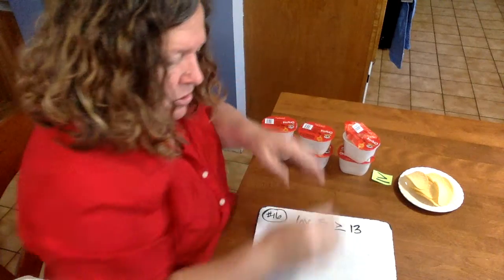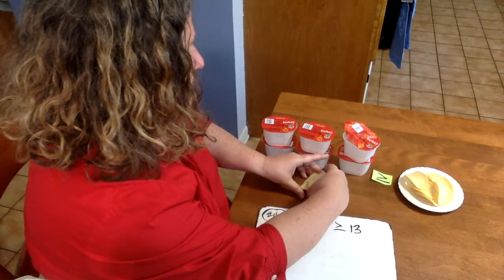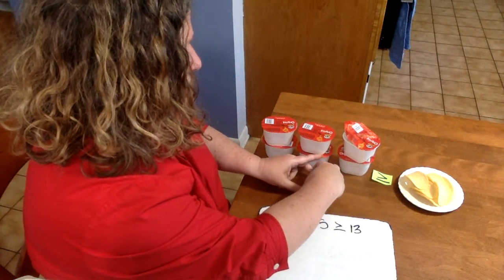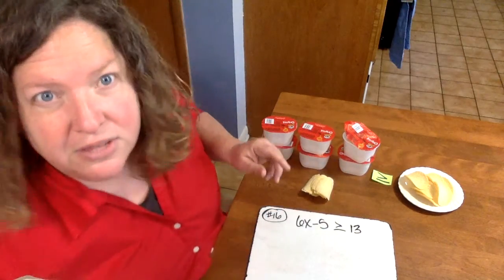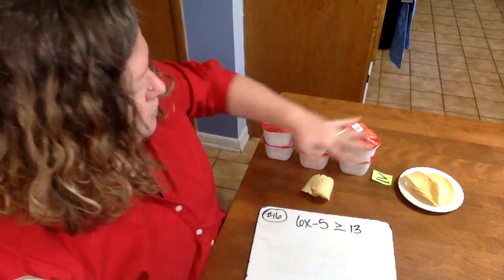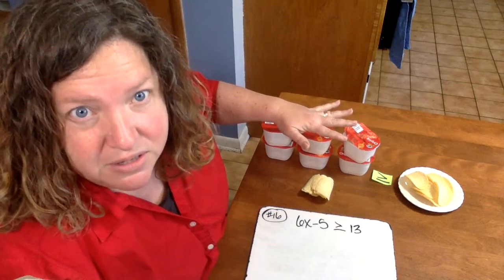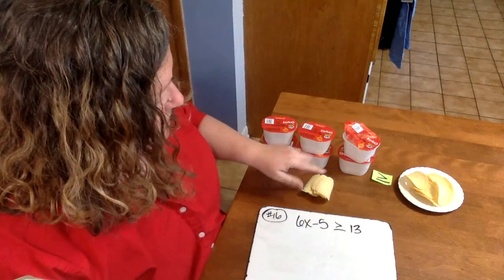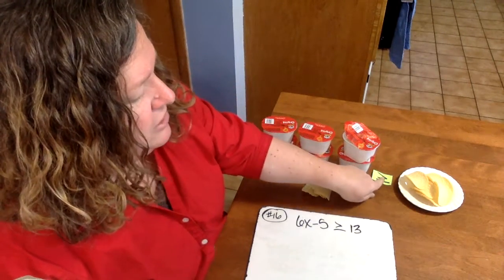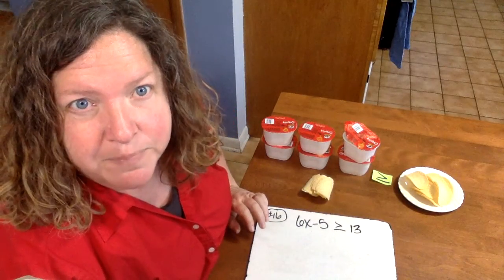All right. So now we're taking away these 5. So we have 6 groups of a mystery amount, we're taking away 5, and that is greater than or equal to 13.